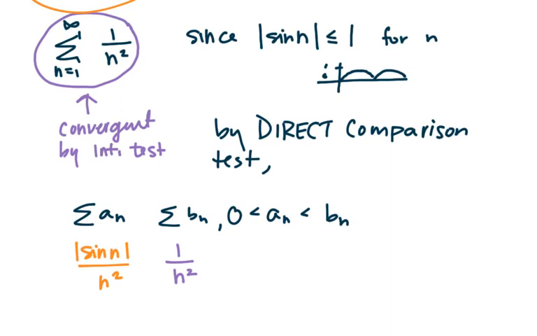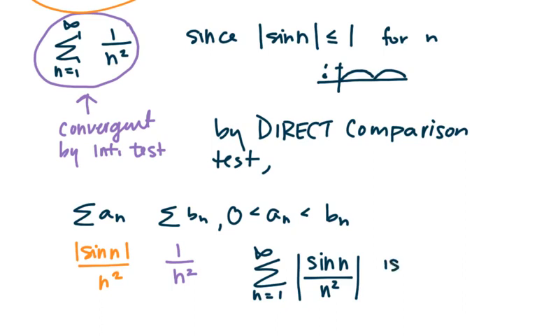And the direct comparison test tells us that if the larger series converges, then the smaller series converges. So what we can determine here is that our original sum, the absolute value of sine n over n squared, that series is absolutely convergent.